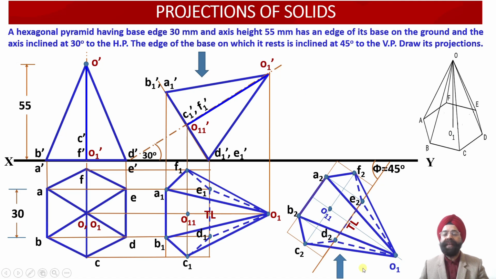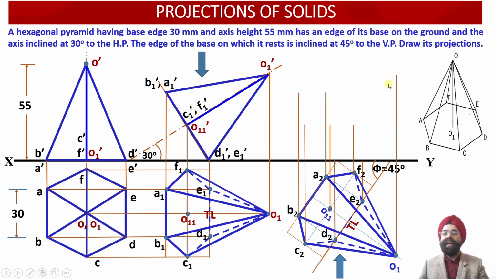Now how can that be done? As we are looking at this particular pyramid from this orientation, how many points do we have in the top view? That is 8 points available with us. From all of these 8 points, we are going to draw the vertical projector lines and extend them into the elevation projection view.